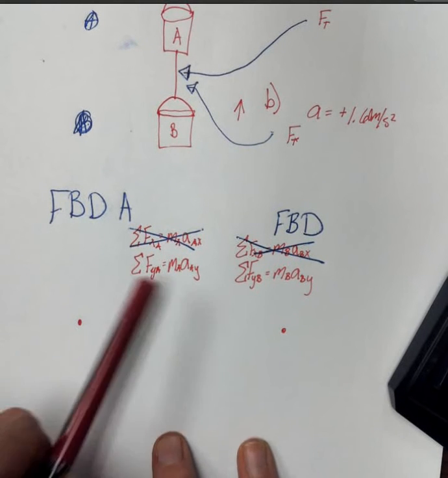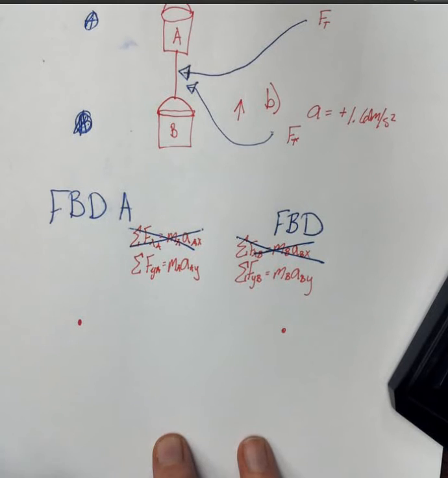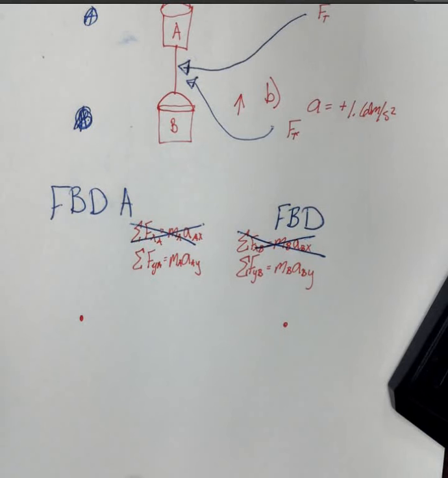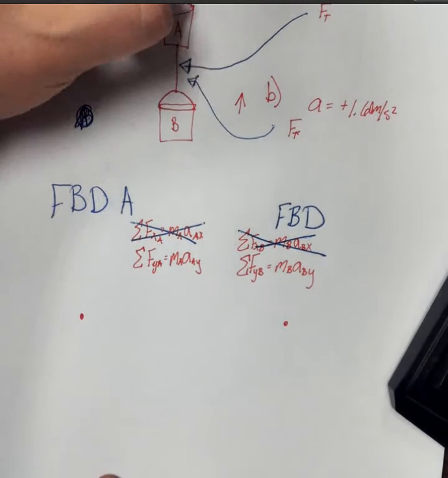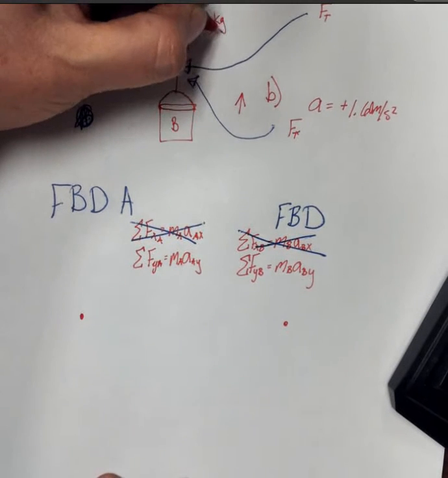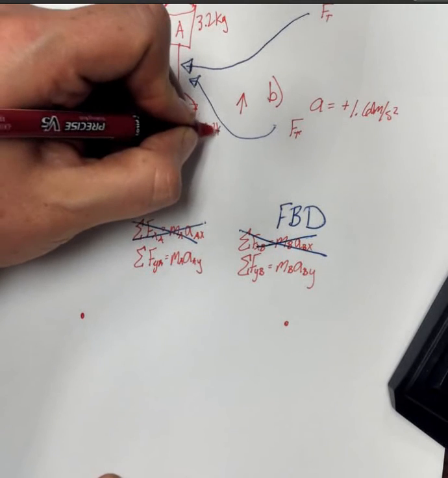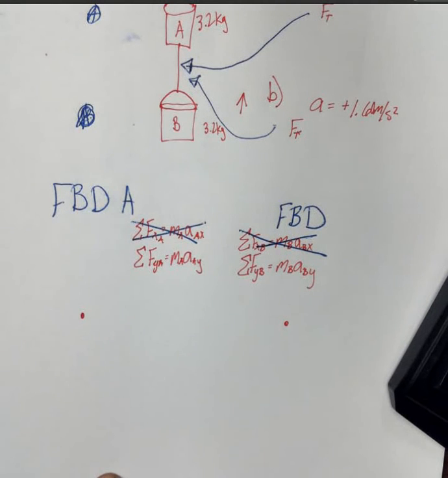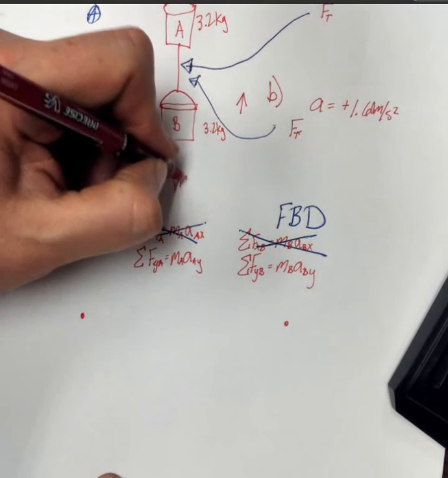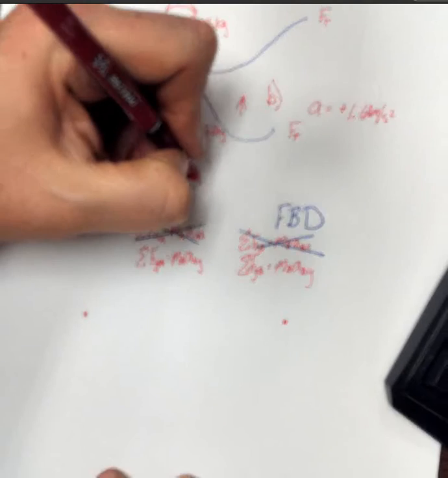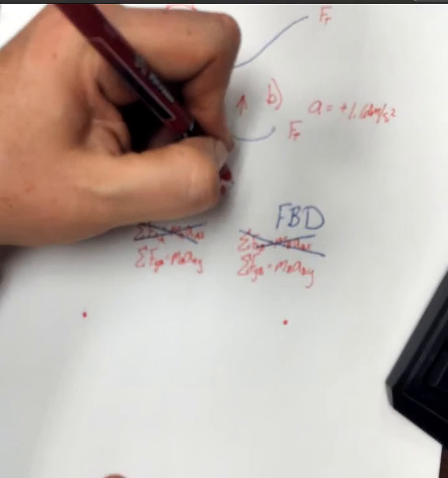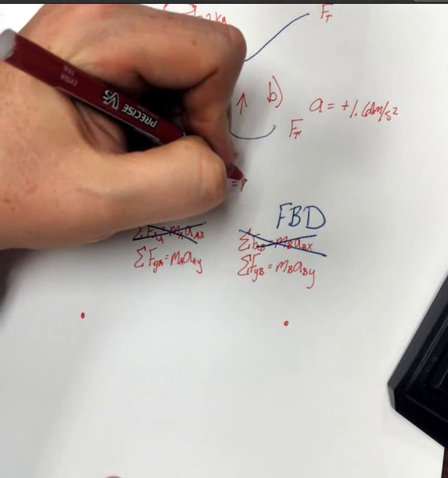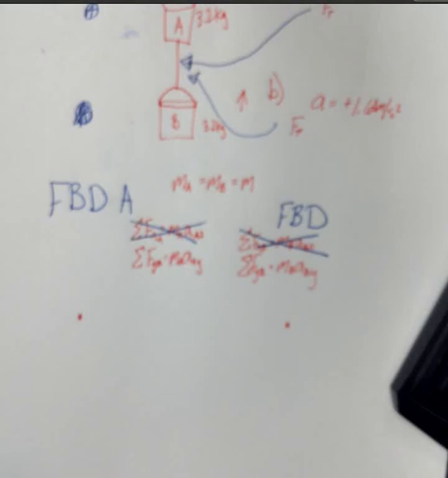But I have the mass of bucket A and the mass of bucket B and the acceleration of bucket A and the acceleration of bucket B, and I'd really like to simplify that. One of the things I'm going to remember is that they said that bucket A was 3.2 kilograms and that bucket B is 3.2 kilograms. That means that the mass of bucket A is equal to the mass of bucket B, so when I write these into the equation, I'm going to write both of them as mass m, which is awful convenient.